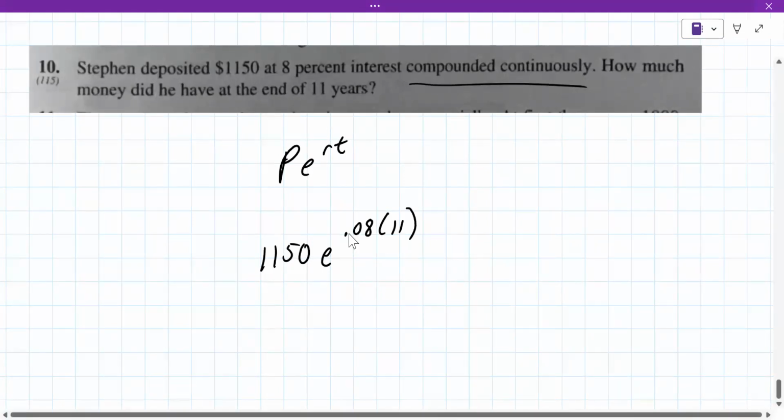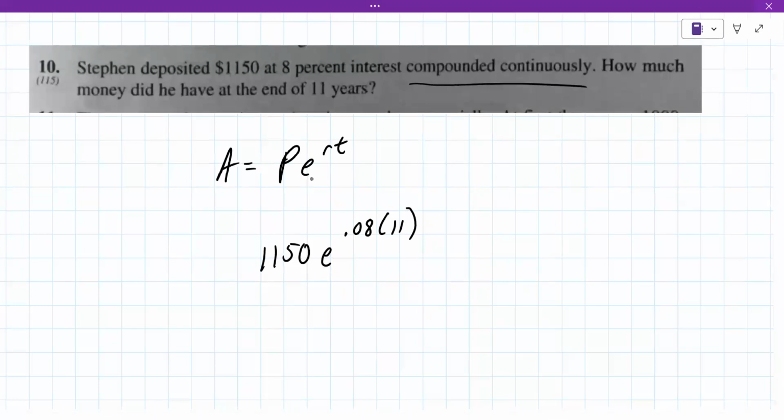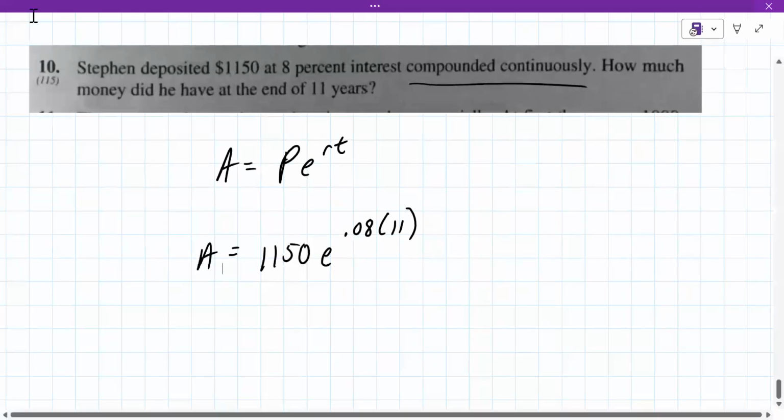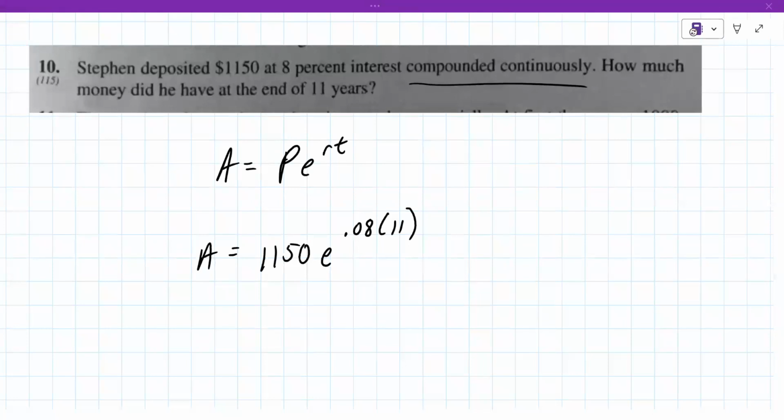That's T. So this is the future amount that he's going to have. You've probably seen that equation, that PERT, before, and it's actually quite significant. The best you can really get is daily, which you don't really know anybody doing that. Most things are compounded monthly.